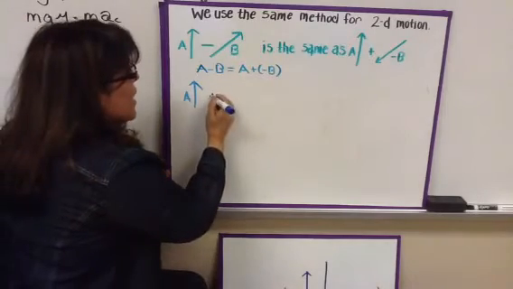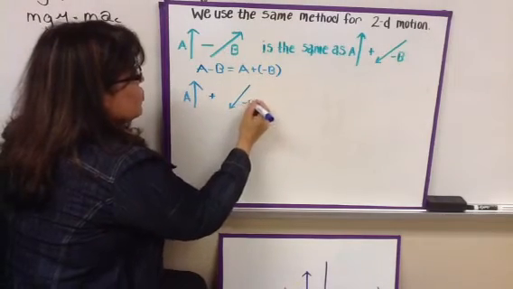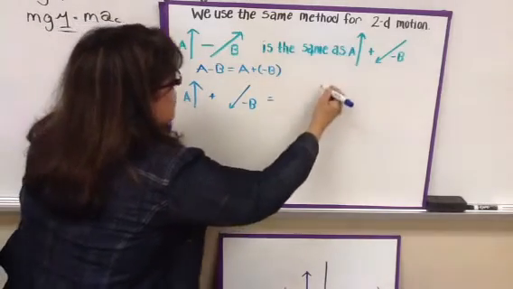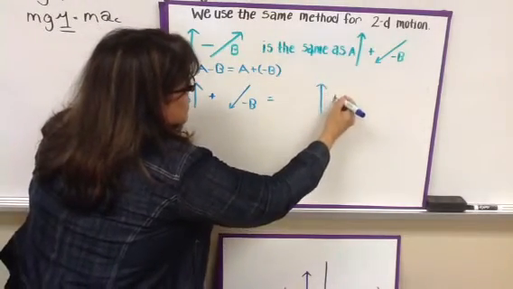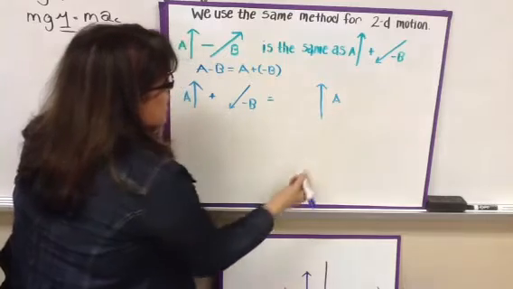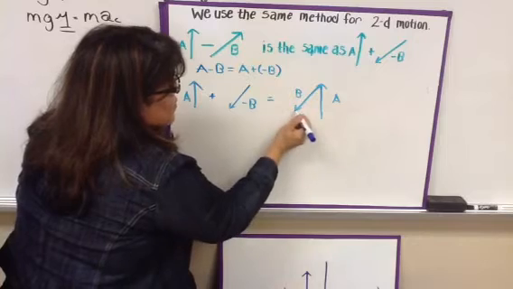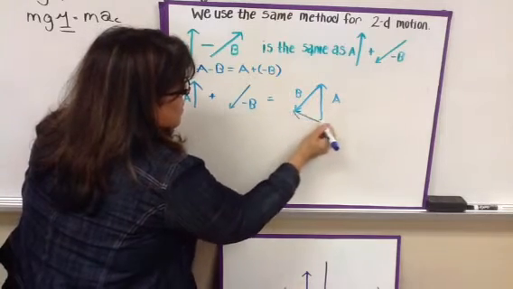Now if I'm going to add these two, the way that we add vectors is tip to tail. So I'm going to start with vector A right here. Now I'm going to go vector B right here. And then my difference is going to be right here.